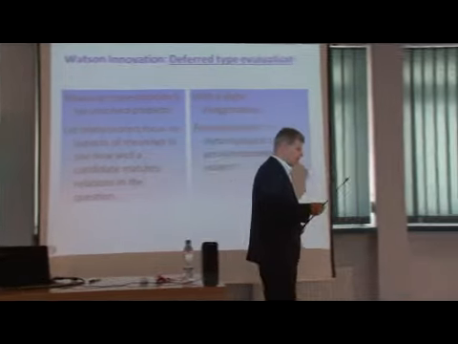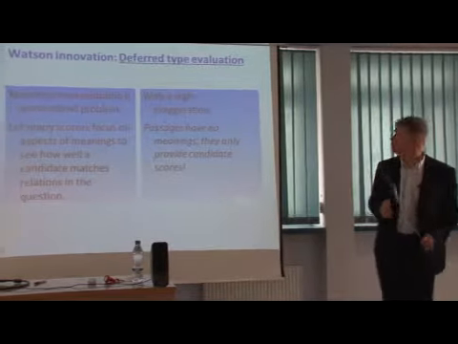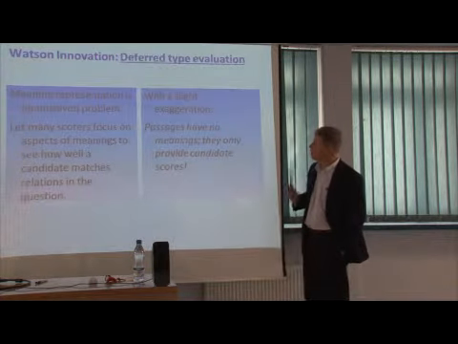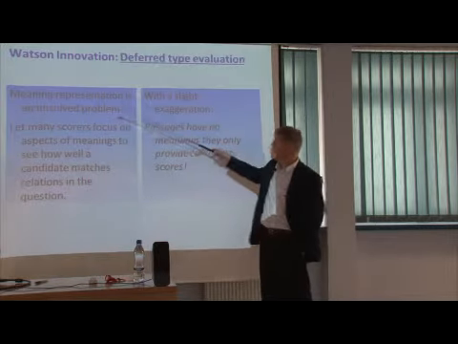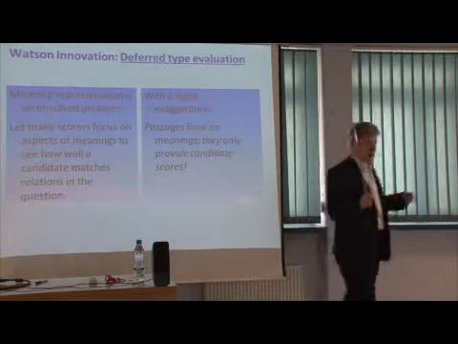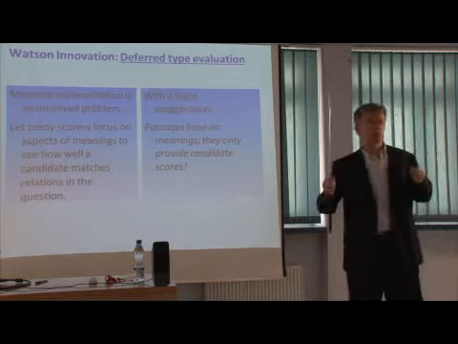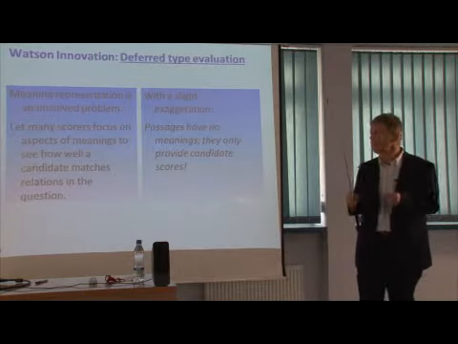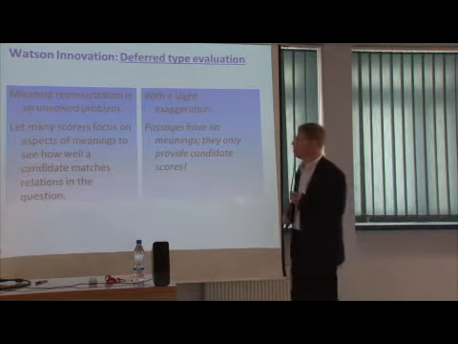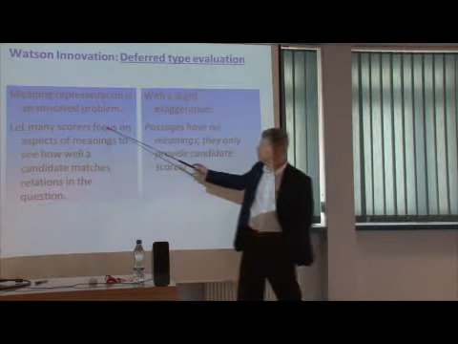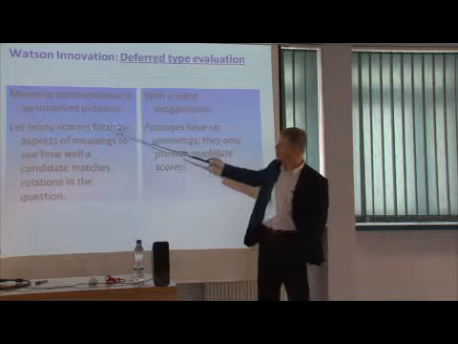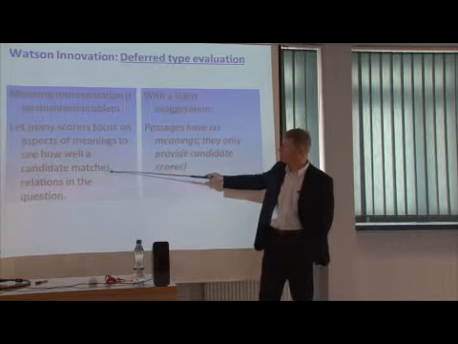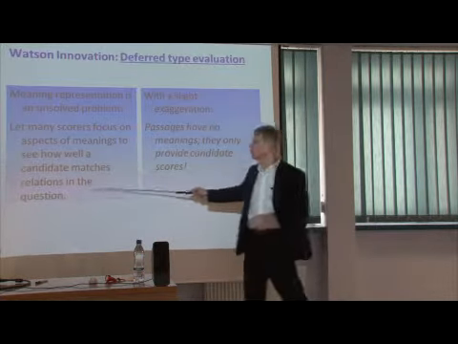So what's happening there? What's happening in Watson, and this is one of the big Watson innovations, we call deferred type evaluation, since in general, meaning representation is an unsolved problem. Yes, we can go from a parse tree to some kind of logical representation, but as you saw in this example with the green light, it doesn't give you complete meaning. So what Watson does is it lets many scorers focus on different aspects of meaning to show the degree of match between the candidate and the relations in the question.